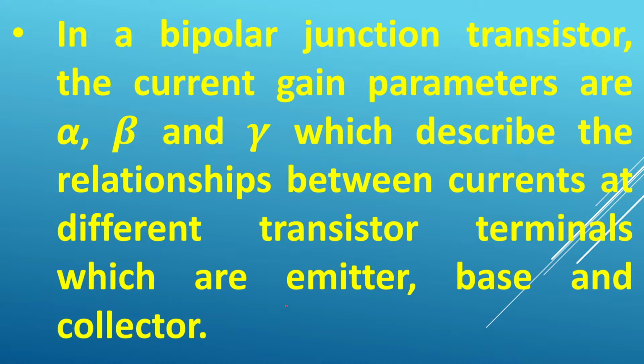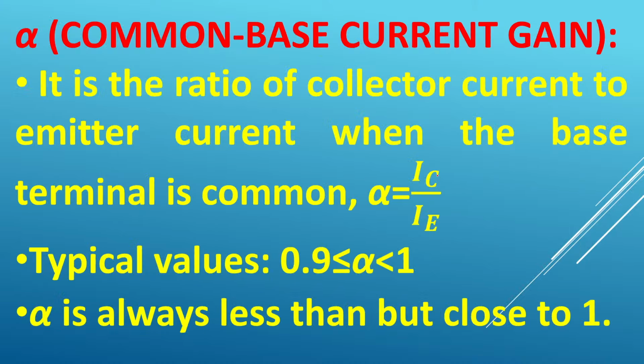Using those current values we can determine alpha, beta and gamma. These are the current gain parameters. Let us see the first one, alpha, the common base current gain. Alpha is known as common base current gain.